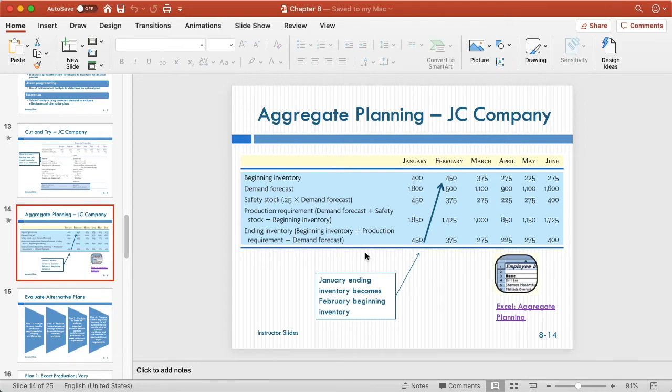You produce safety stock to prepare for unexpected things, but since the assumed unexpected doesn't happen, the ending inventory is always the same as the safety stock. Then it becomes the beginning inventory for the next month. So you can calculate all the numbers shown here in this fashion.